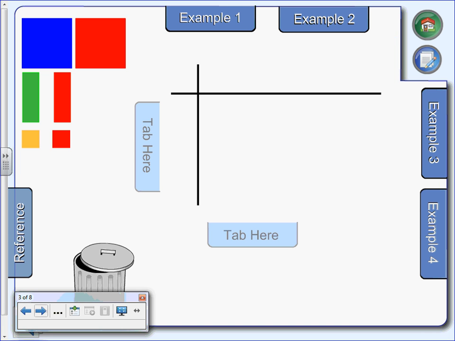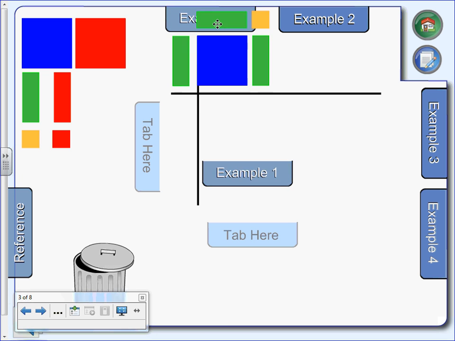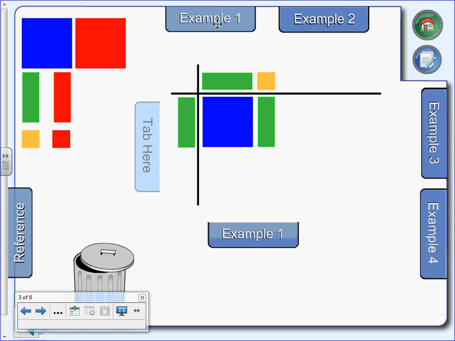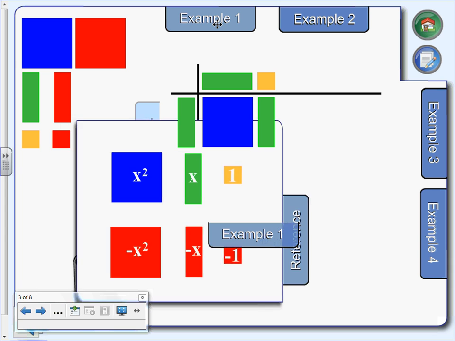Let's go ahead and kick this up a notch, okay? And here's where your notes begin. So we have example 1. For example 1, what I have here is x times x plus 1. Real quickly, let me throw this reference out for you so you can see.